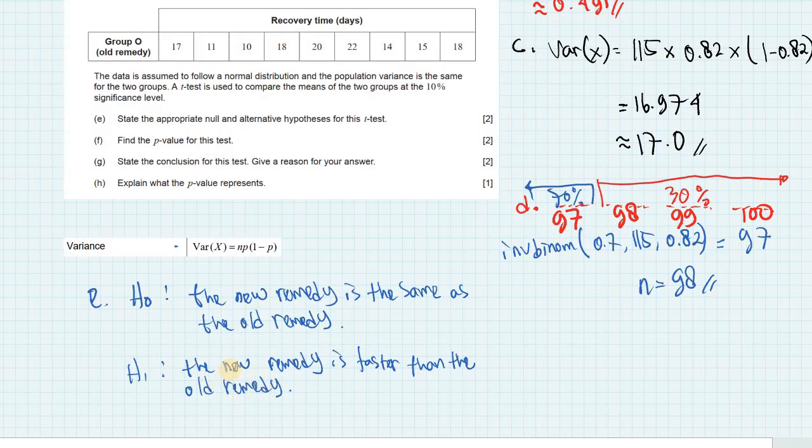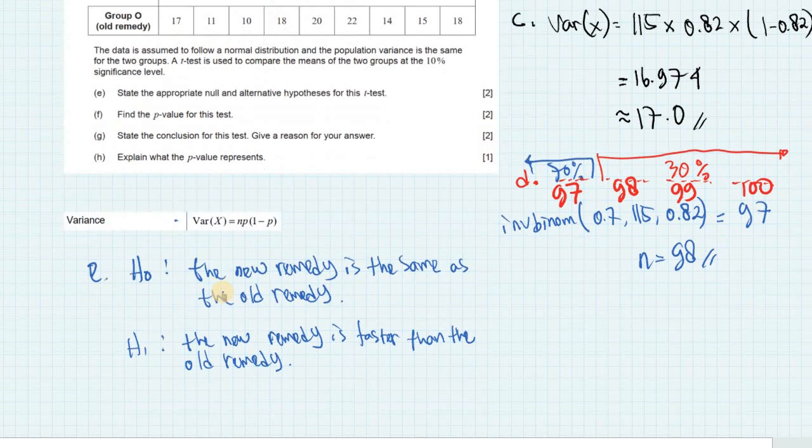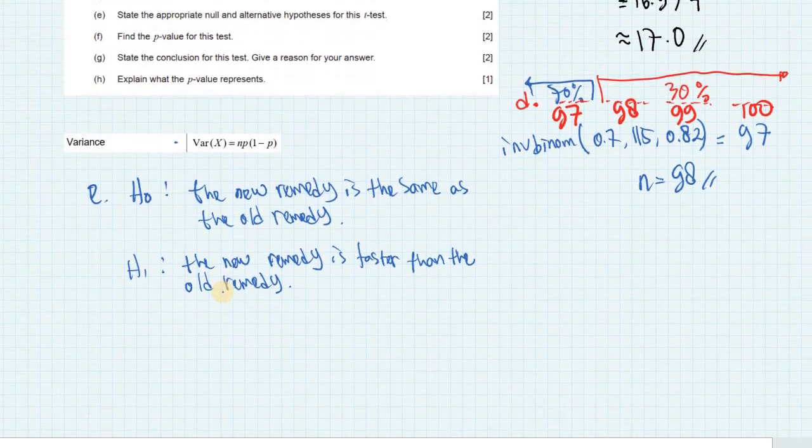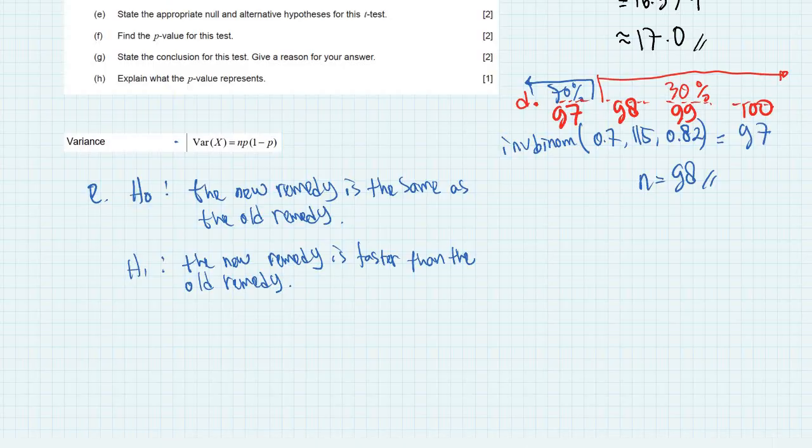Or you can also say the old remedy is longer than the new remedy. Okay, cool. That will be the hypothesis. That's question E.